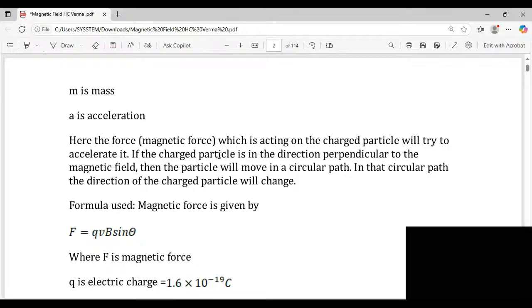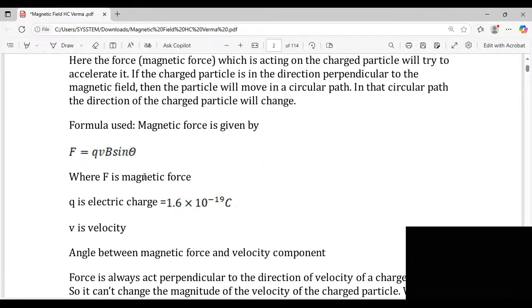If the charged particle moves in a direction perpendicular to the magnetic field, then the particle will move in a circular path. In that circular path, the direction of the charged particle will change.